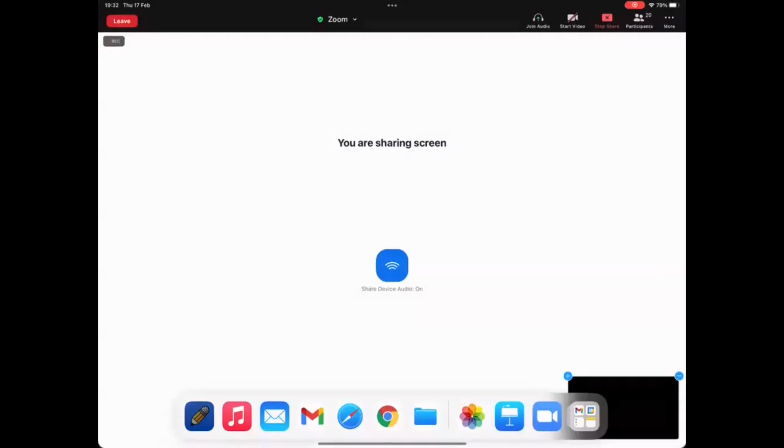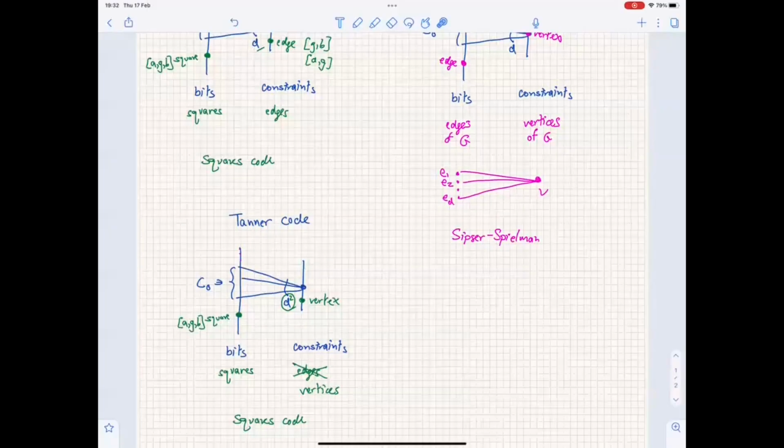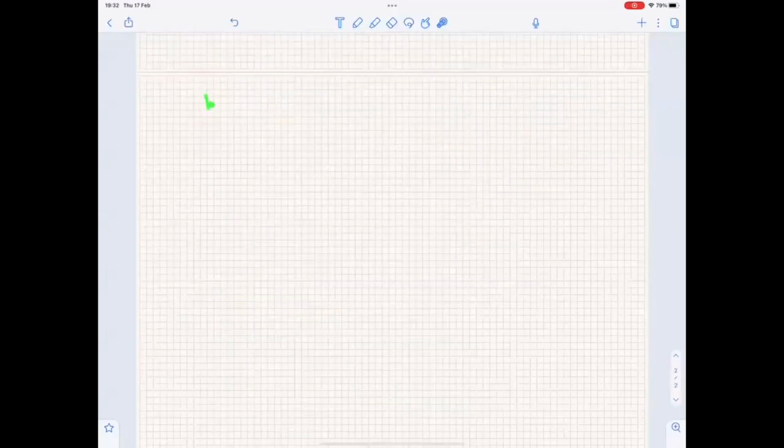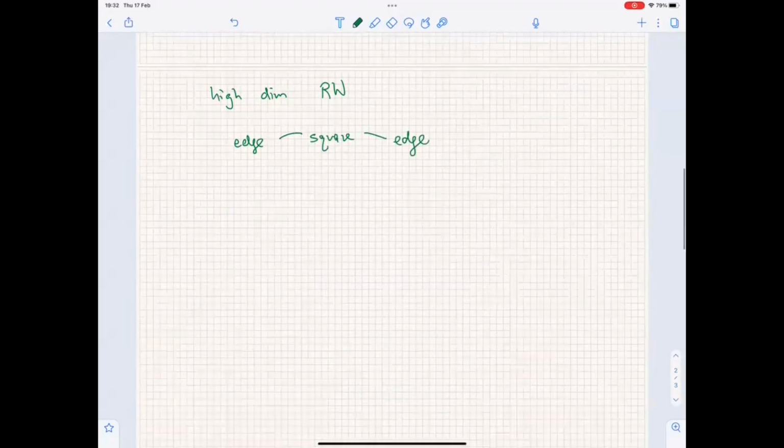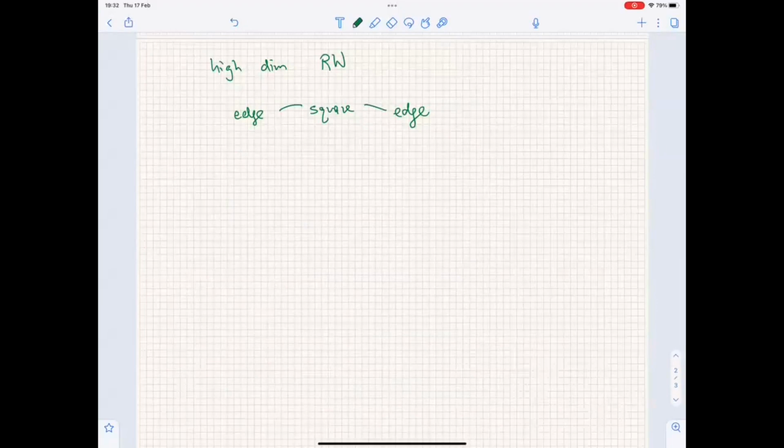Yeah, so there are several different walks you can consider. I'm talking about high dimensional random walks, for example, from edge to square to edge. Of course, not all of them have good second eigenvalue.